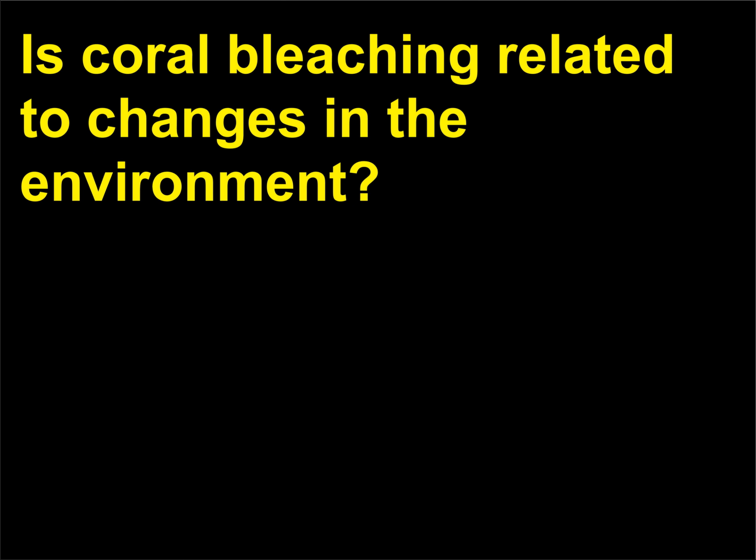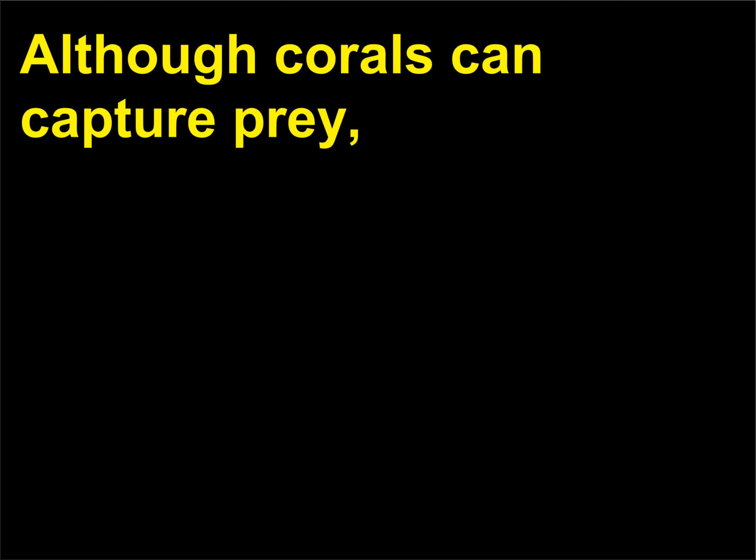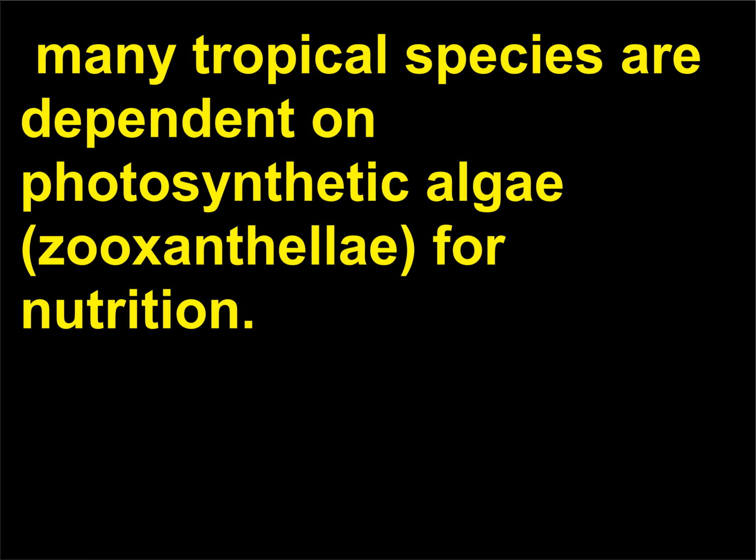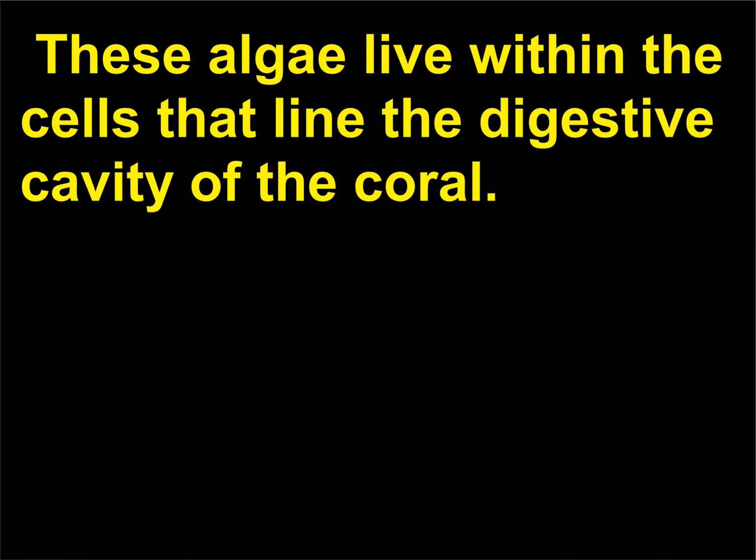Is coral bleaching related to changes in the environment? Although corals can capture prey, many tropical species are dependent on photosynthetic algae, zooxanthellae, for nutrition. These algae live within the cells that line the digestive cavity of the coral.